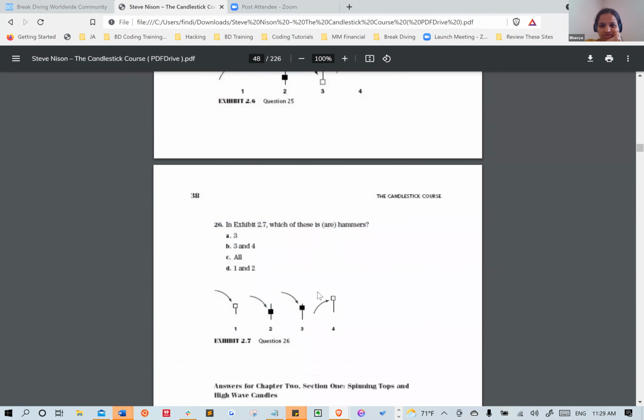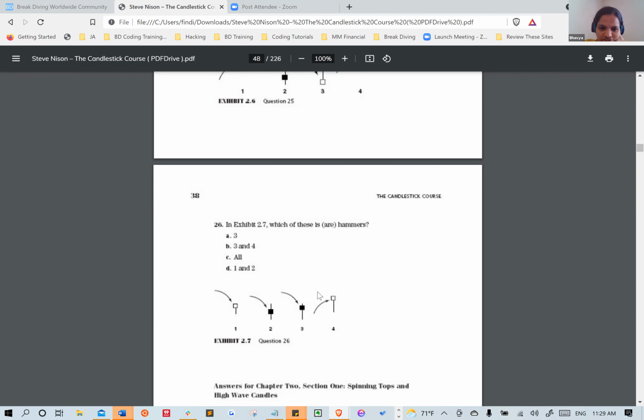Exhibit 2.7. For this one, it's a downtrend, and I think 3, that is A. Yeah, because you need a long lower shadow.